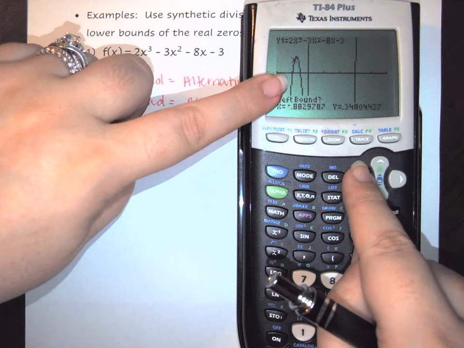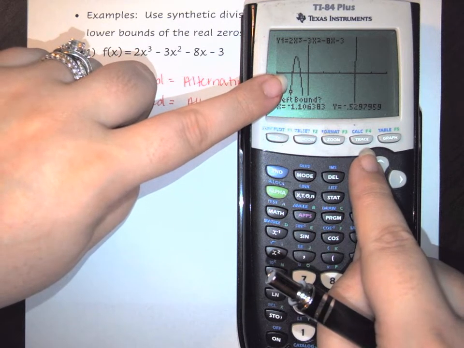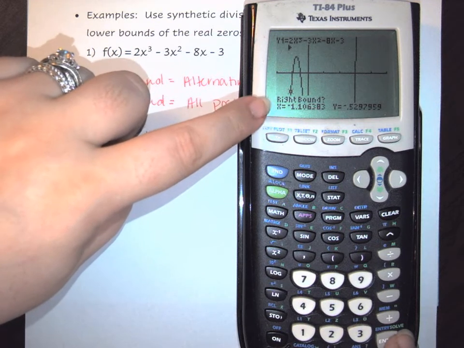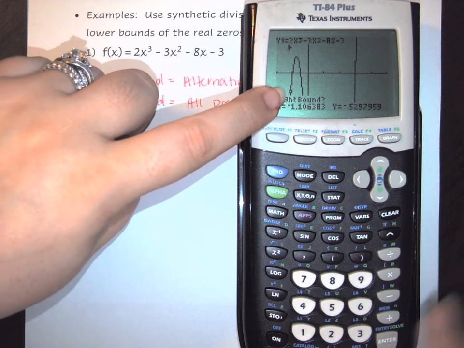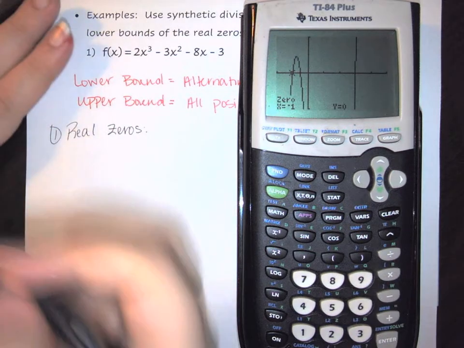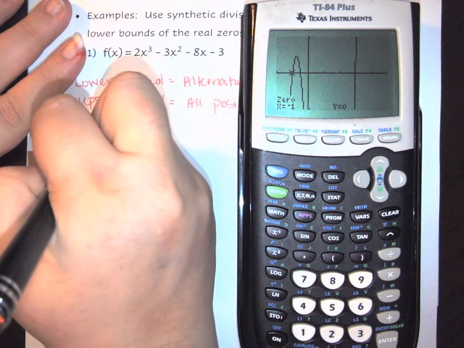Once you do that, you click enter, and now you need to put in the right bound. So we take that little blinking cursor and arrow it so it's on the right hand side point, and then it asks if you want to guess. Enter will give you that. You can see that the zero is at -1, so we know that one of our real zeros is at -1.